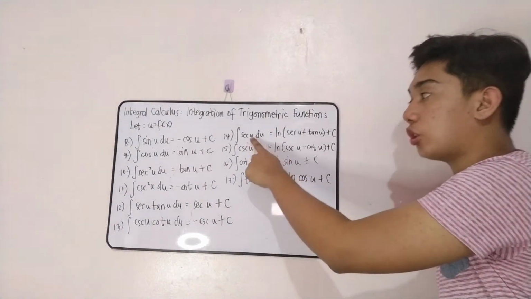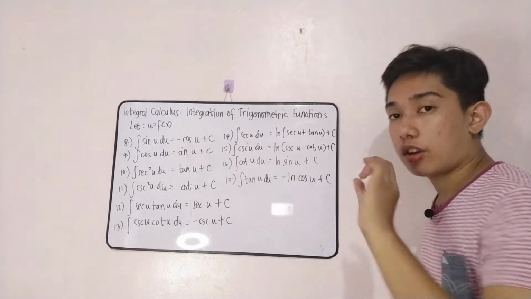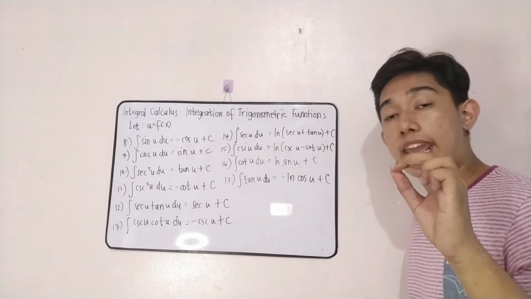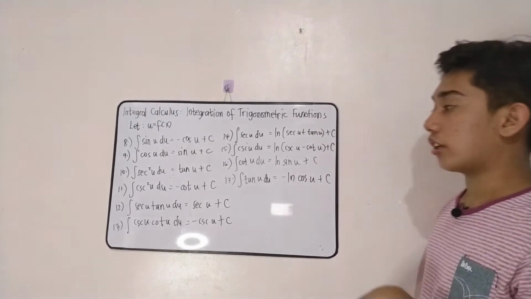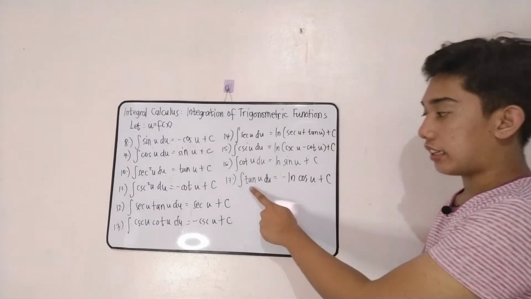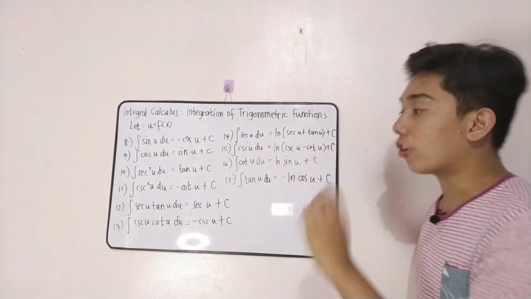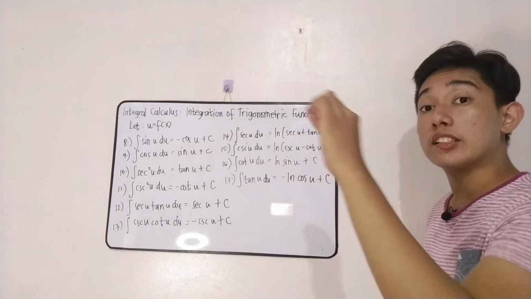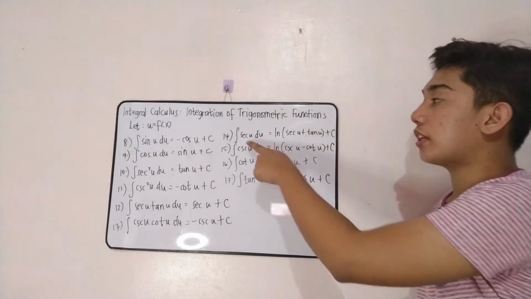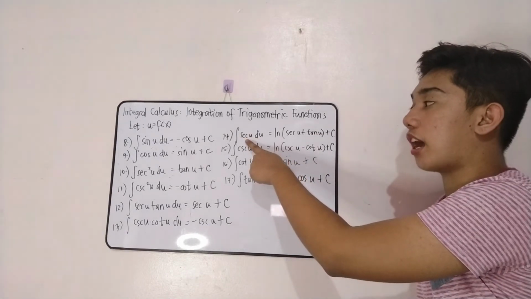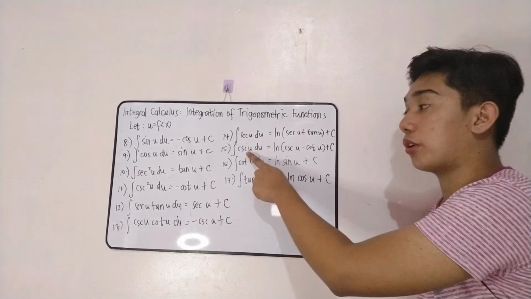These are the individual rules for the reciprocal and quotient trigonometric functions. Quotient in the sense that tangent u is the quotient of sine and cosine, and cotangent u is the quotient of cosine and sine. This one is reciprocal because this is 1 over cosine, this is 1 over sine.